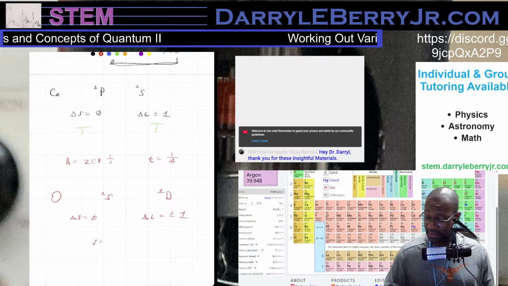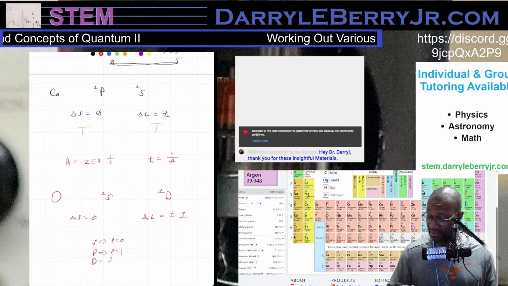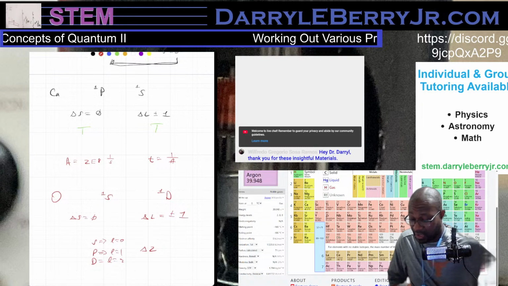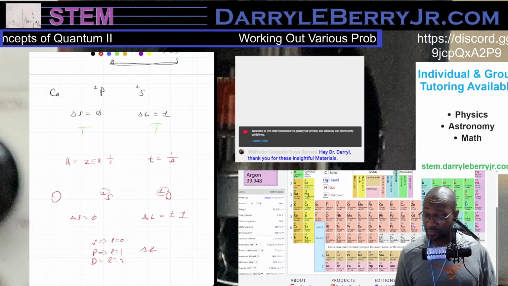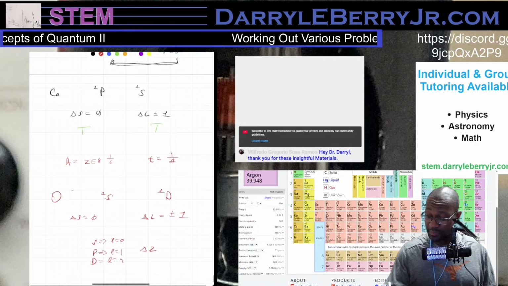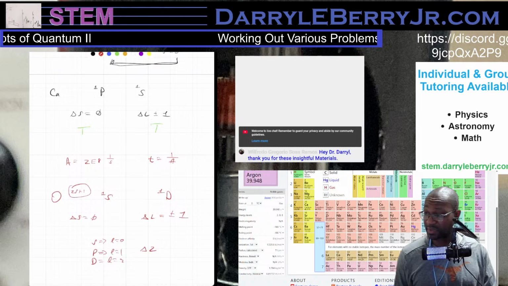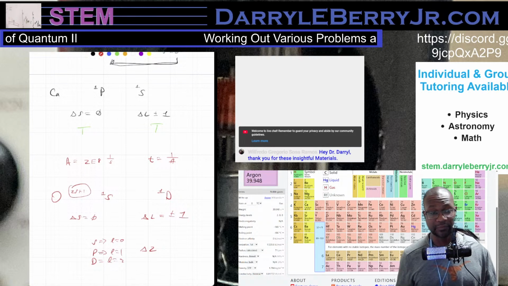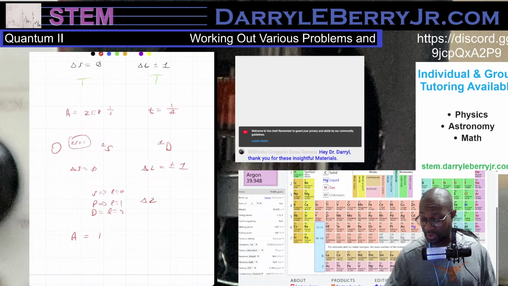Because S is L equals 0, P is L equals 1, and D is L equals 2. So it changed by 2, so that's not favorable. But the S's don't change because we can see that the superscript, because remember that superscript is 2S plus 1. So S remains 0 because 2 times 0 plus 1 is 1. So it's half favorable. And if you look at the A factor on this one, A is about 1.